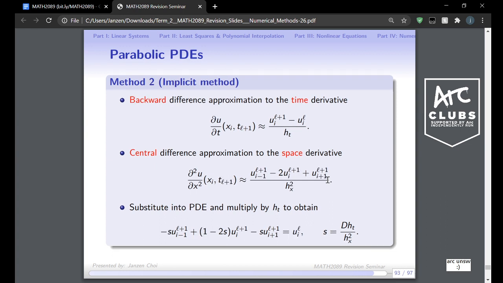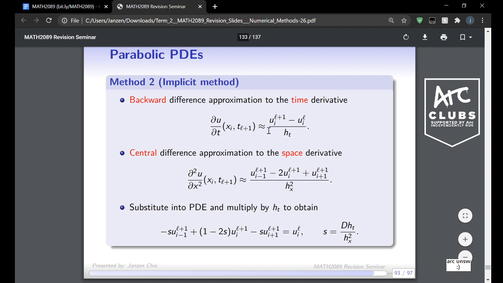For the implicit or indirect method to approximate parabolic PDEs, instead of using first order forward difference approximation, we are using the first order backward difference approximation. So backward difference approximation, the difference is just that the subscripts are slightly different.